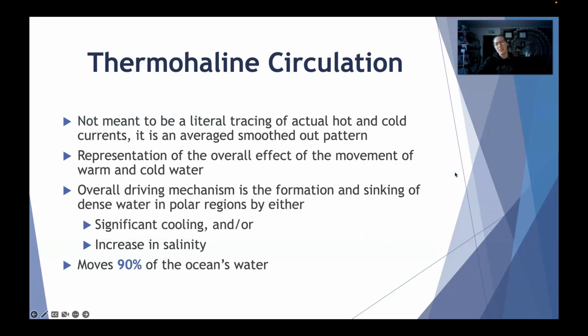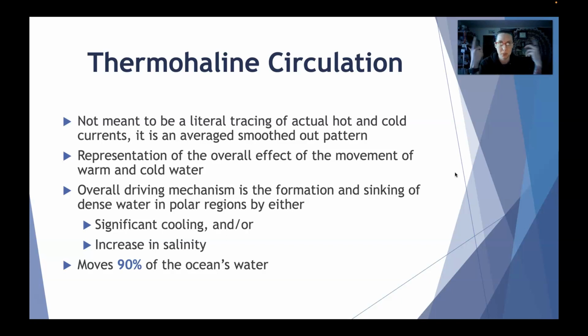The thermohaline circulation is not meant to be a literal tracing of actual hot and actual cold currents. In reality, it's an averaged out, smoothed out pattern. It's a representation of the overall effect of the movement of warm and cold water. The driving mechanism for the formation and sinking of dense water is in the polar regions, by either significant cooling or an increase in salinity, or both.